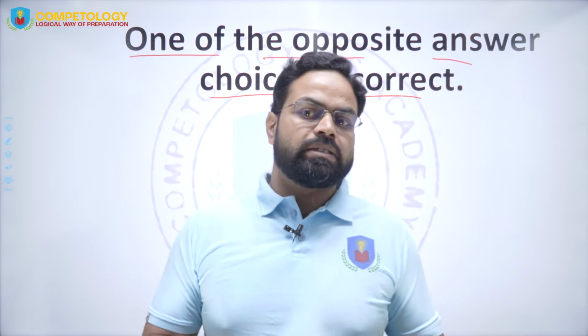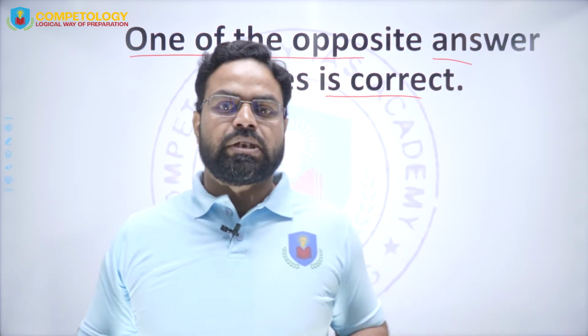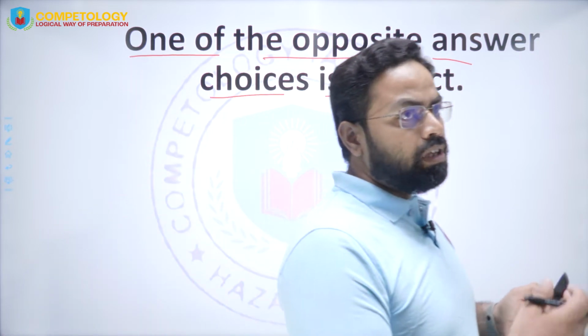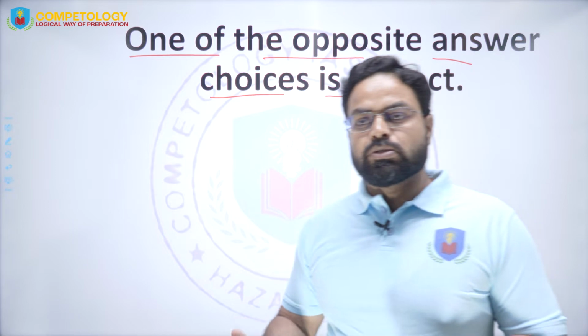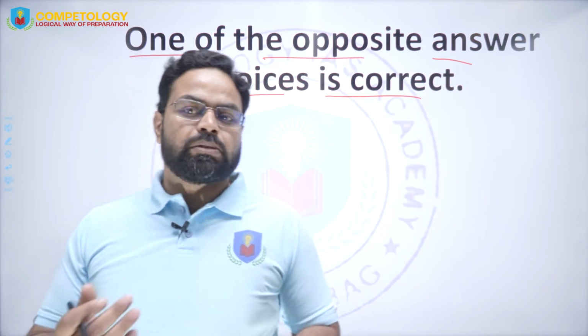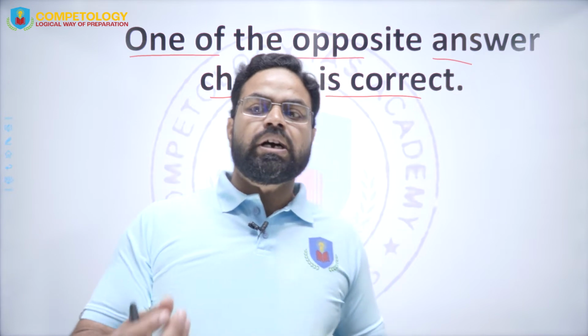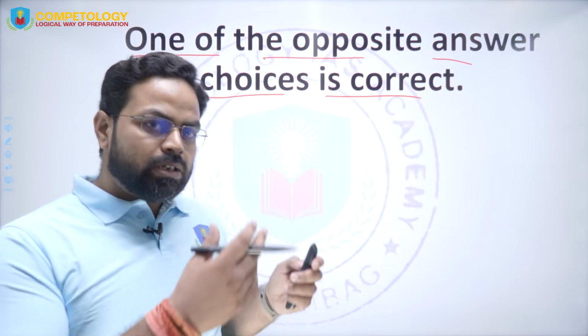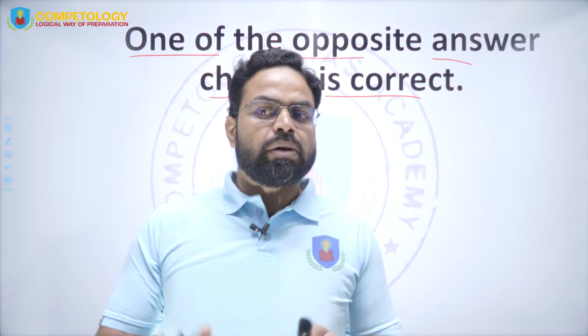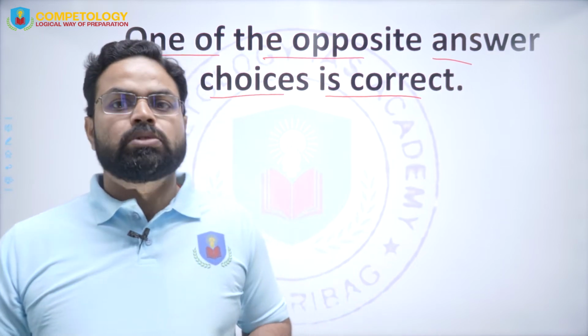In such cases, out of those 2 opposite extreme options, one of the options is correct, and if you know some of the subject matter or concepts of that question, then you will be in a better position to choose the correct answer. So you just have to focus on those 2 completely opposite options.